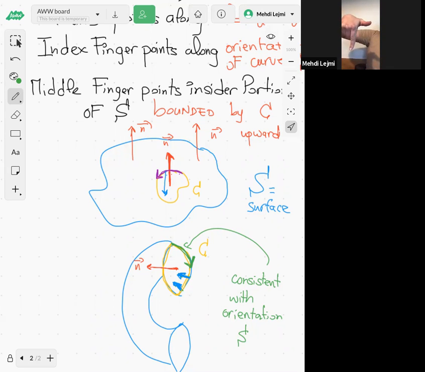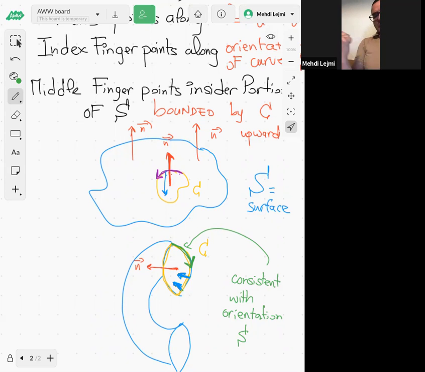The thumb points along N, the index points along the orientation of C, and the middle points inside the portion of S bounded by C.